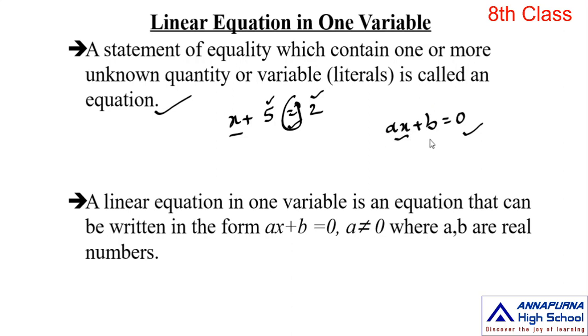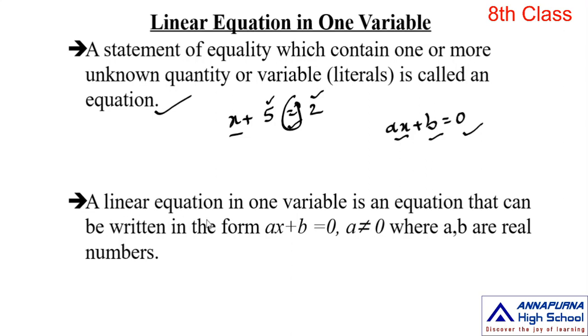One is the x term and the other one is the constant. Those simple equations in this class we call linear equations. So a simple equation is nothing but a linear equation. In 7th class we call them simple equations, in 8th class we call them linear equations.